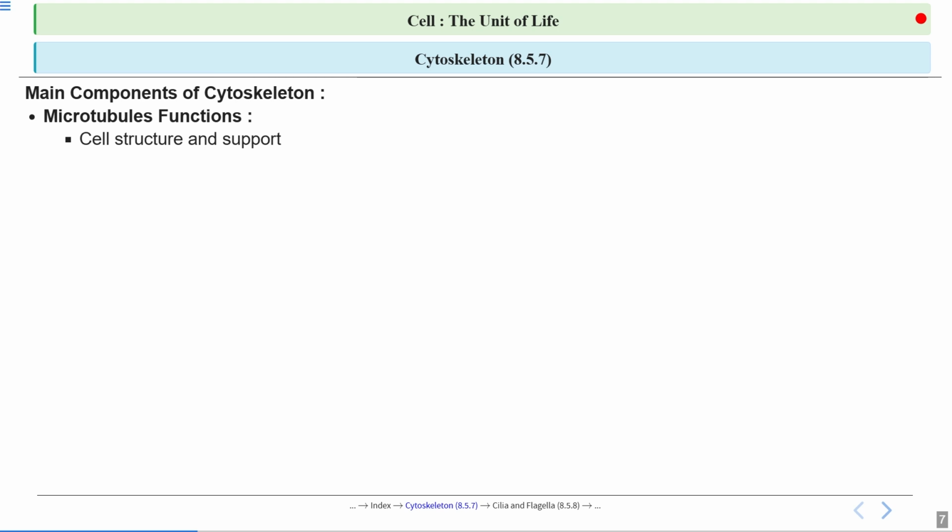Now remember this: microtubules act as railways for cellular transport.